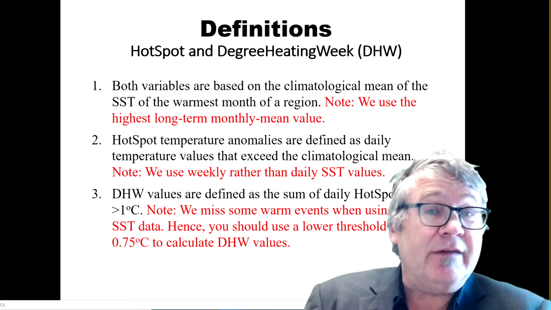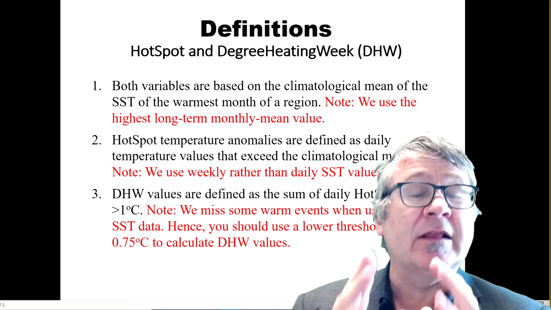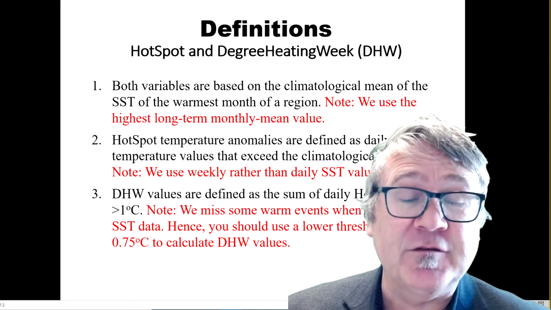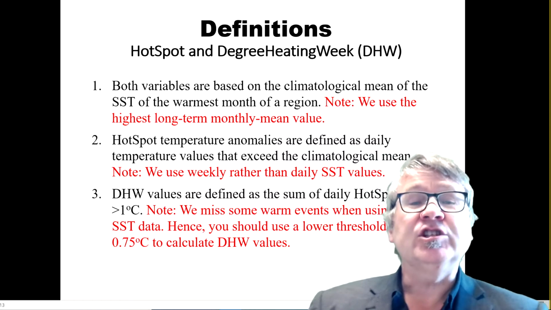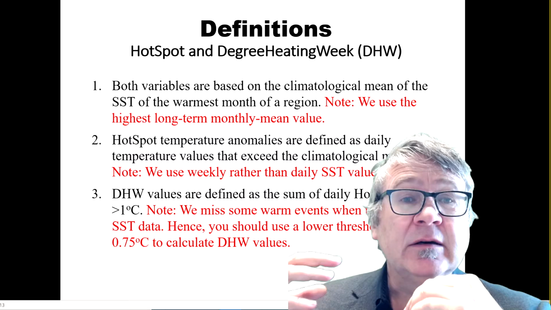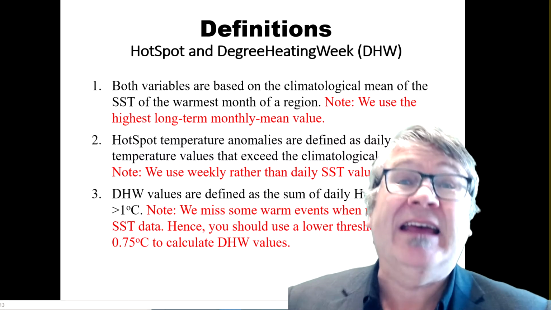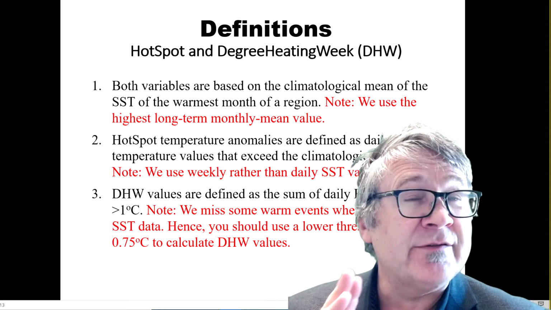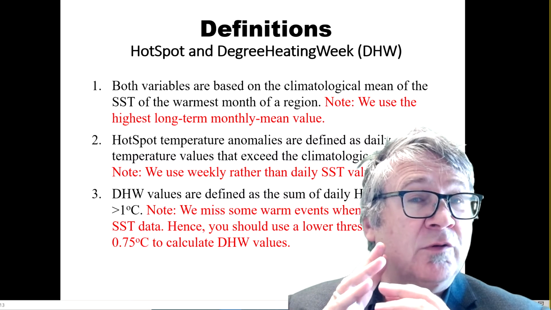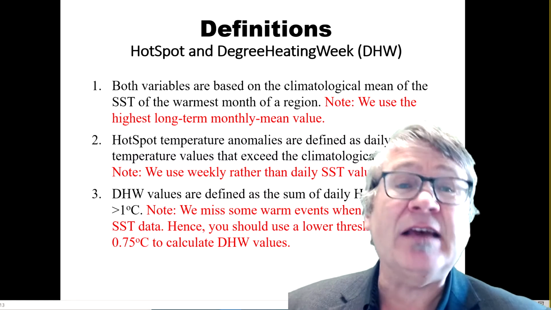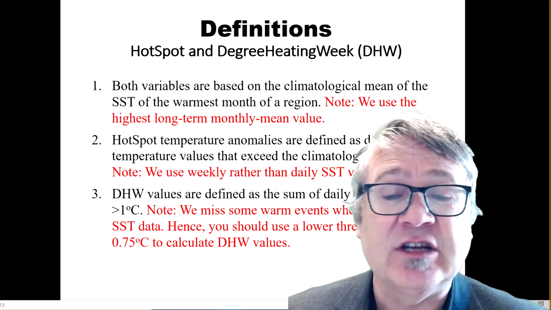So we look at daily values and compare them with our climatological mean, and we can look at the difference. In this exercise we use weekly values rather than daily values, just to save some time on the calculations, essentially.